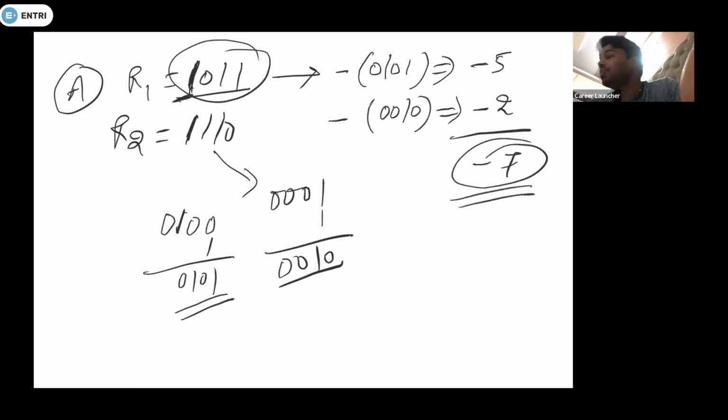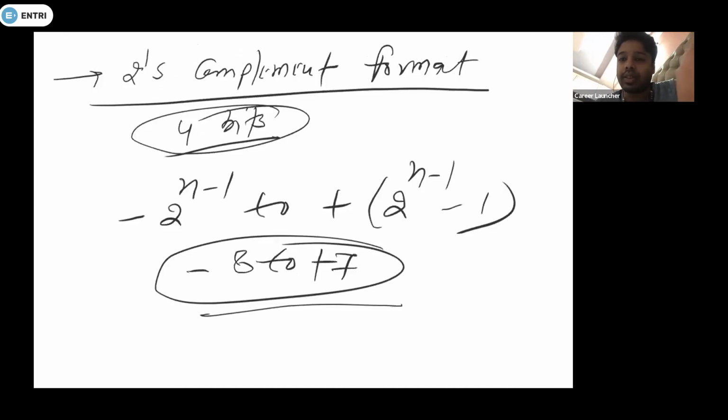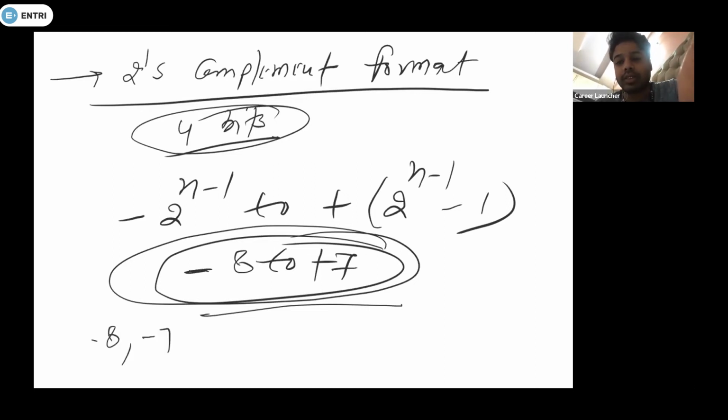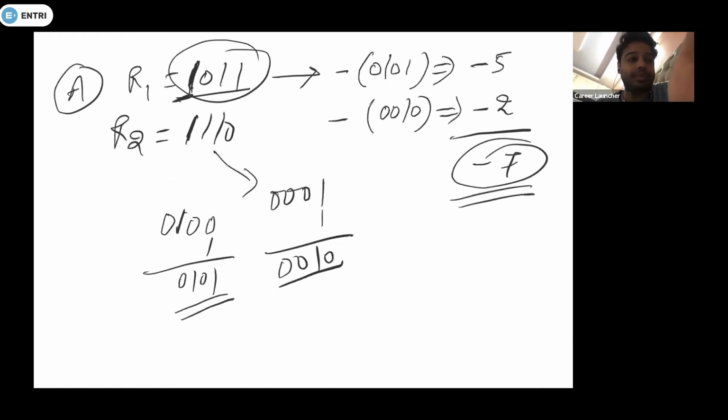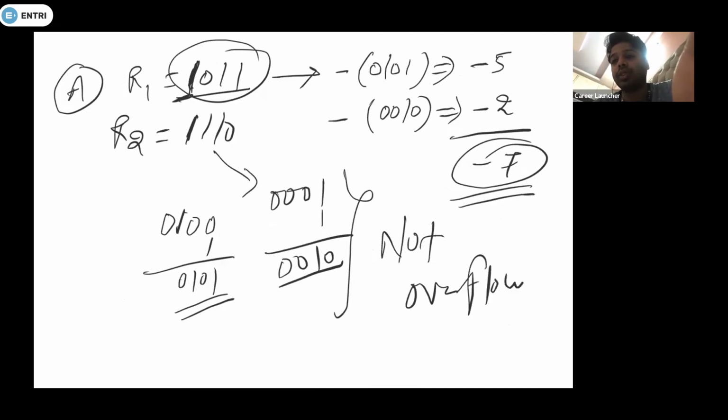Minus 7 comes in this range: minus 8, minus 7, minus 6, minus 5, minus 4, minus 3, minus 2, minus 1, 0, 1, 2, 3 up to 7. So this is not an overflow. It's not the answer.